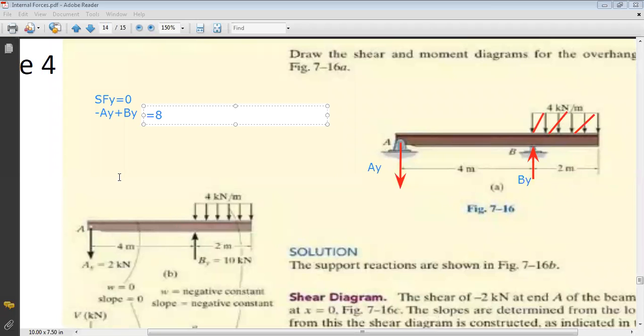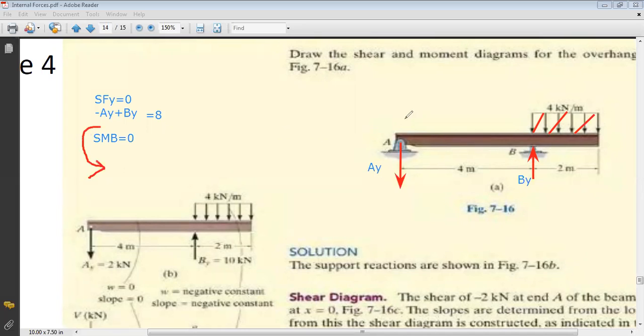My second relation, to find the ay, I can do sum of moments about b. So if I do sum of moments about b equals 0, what do I get? About b, first I will choose a positive direction. Let us say I choose counterclockwise as positive.